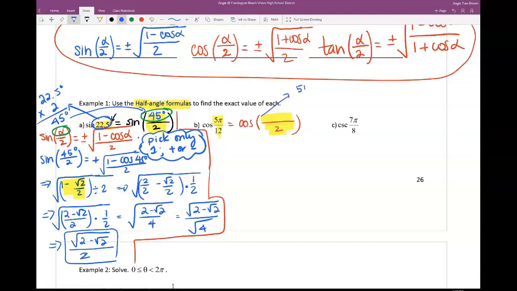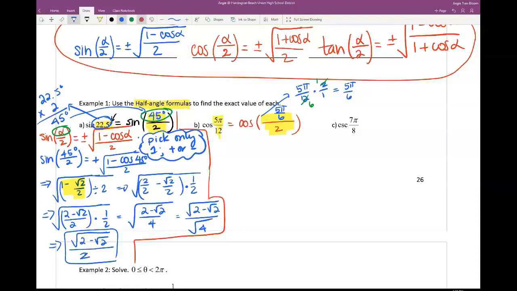You take 5 pi over 12 and you multiply by 2, or 2 over 1, okay? Dividing, when you go backward, is multiplying. And if that's the case, this is reduced down to 6, and this is 1. So the answer is really 5 pi over 6. And leave it as 5 pi over 6. Don't try to convert, because 5 pi over 6 is going to be your angle in the identity.